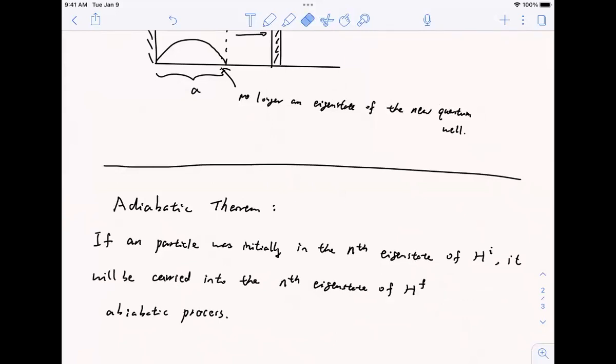Or maybe I can say this. If Hi evolves into Hf slowly.